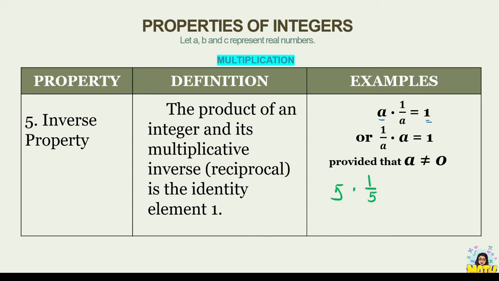And remember, when we multiply 5 times 1 over 5, that is equal to 1. Pwede rin naman, kahit negative pa ito, negative 3 times its reciprocal, which is negative 1/3, that will be 3 over 3. Negative times negative is positive. So it will still be 1. So that is inverse property.